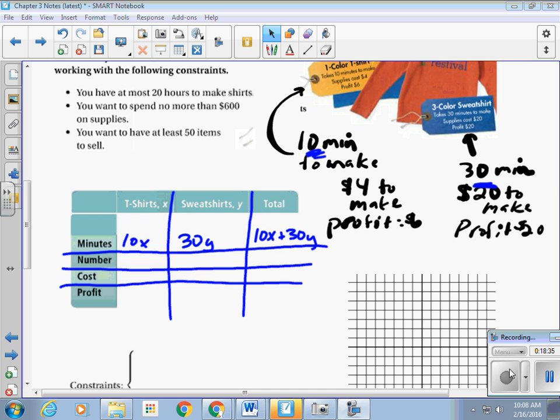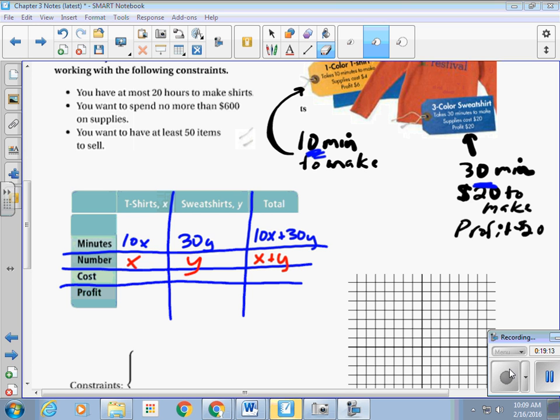So now we're looking at the number. How many t-shirts are we going to produce? X of them. And how many sweatshirts does that mean we're going to produce? Y. And our total is going to be, oh, hold on. I need some room over here.